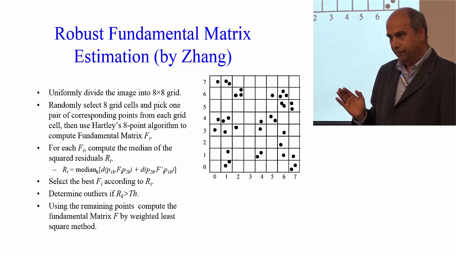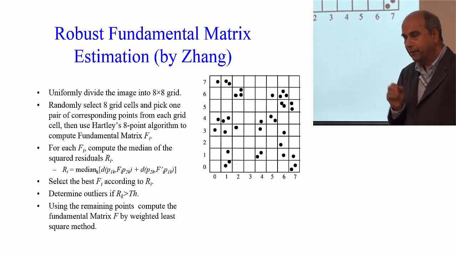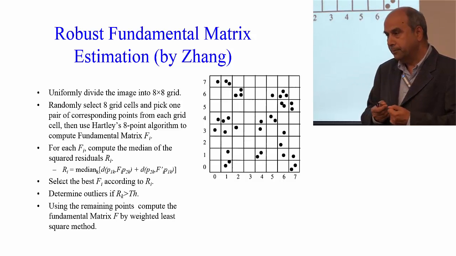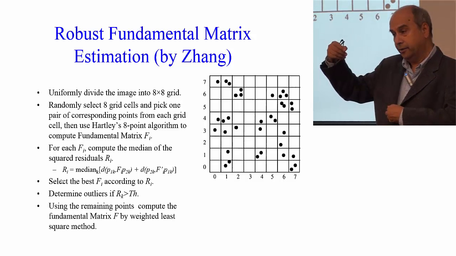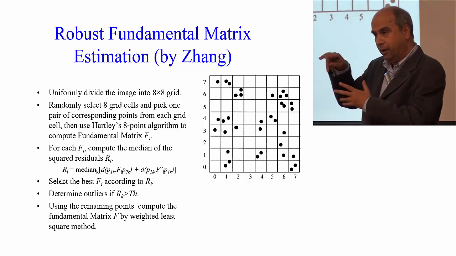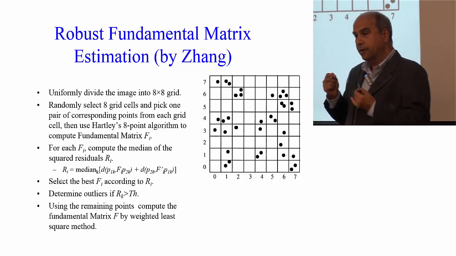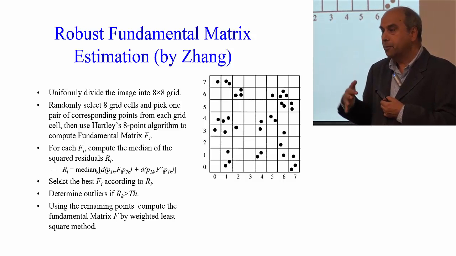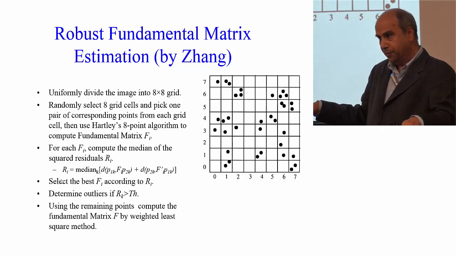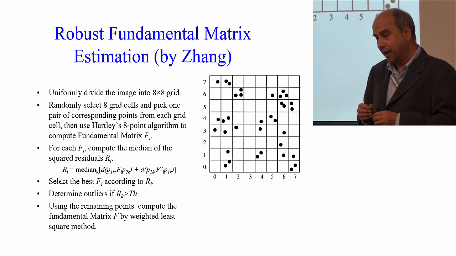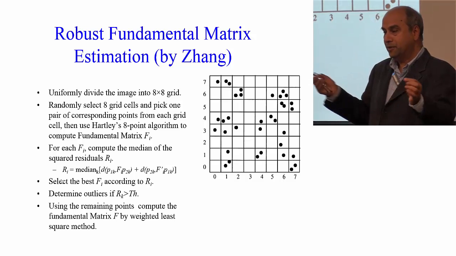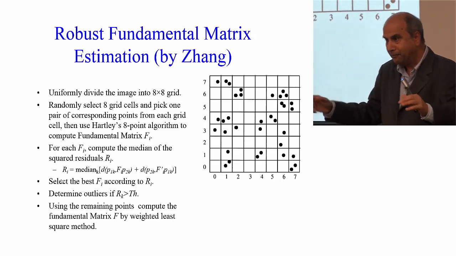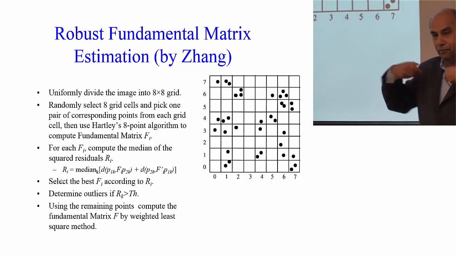We are going to use that fundamental matrix. Now using that fundamental matrix, you identify some points which have a very large error, because you will get an error for each of the points. This R_i is for each of the points, the ith point. So you pick those and you remove those. Those are the outliers, which means their correspondence was wrong. Your remaining ones, you then use to find the final one.